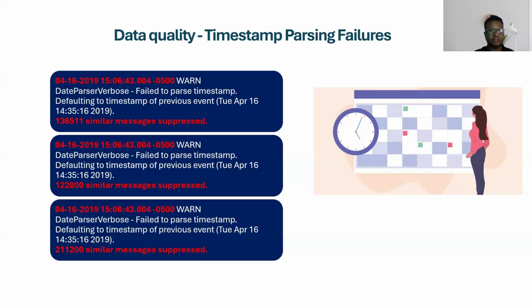I'll give you an example. If we do not have the proper timestamp in place in our parsing configuration, the events might land in the future, events might occur in the past, or they can be in real time if the parsing is correct, right?